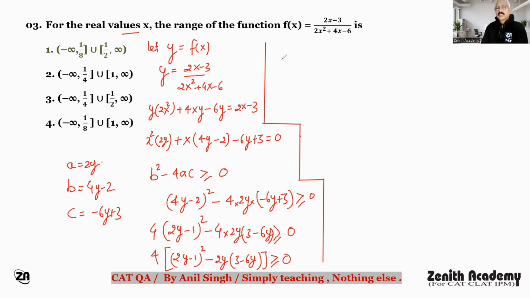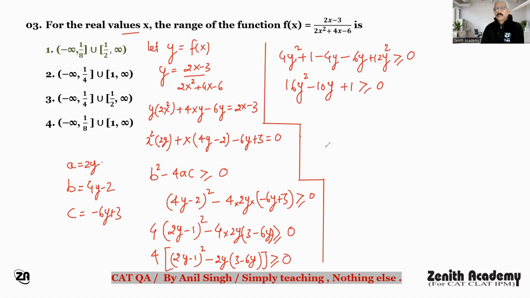So 2y minus 1 whole square is actually 4y square plus 1 minus 4y, and this is minus 2y into 6y, which gives minus 12y square, so 12 plus 4, 16y square, minus 10y, plus 1 greater than or equal to 0.